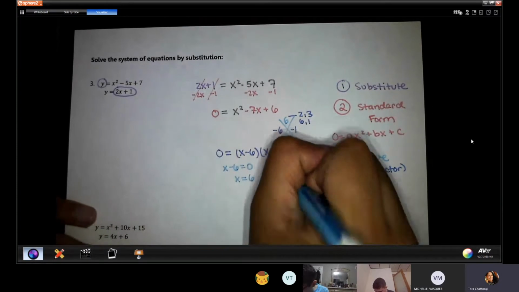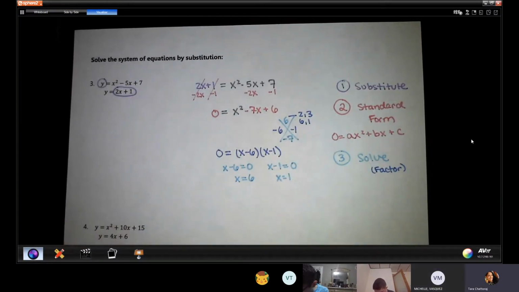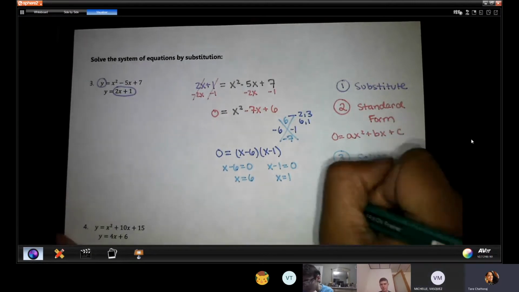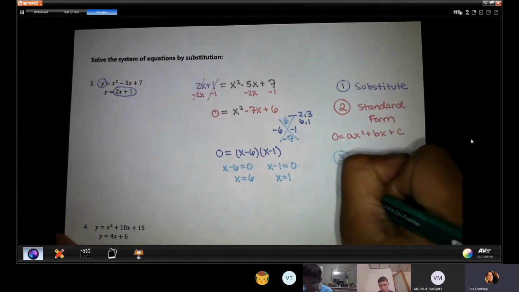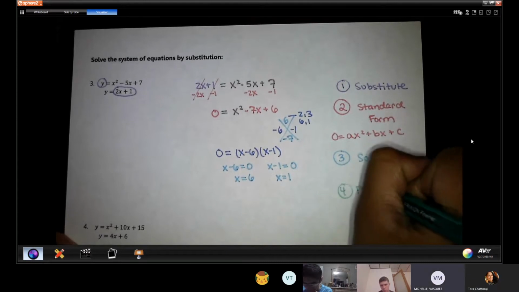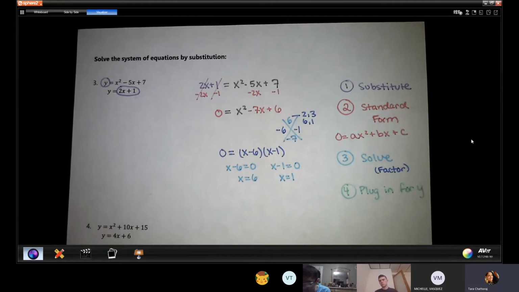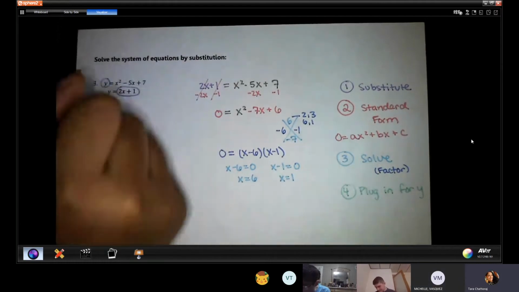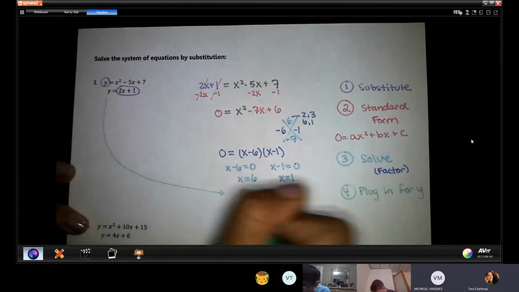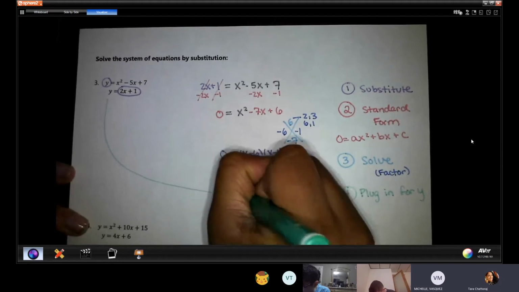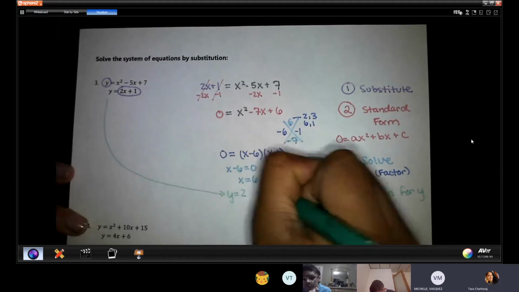Very good. All right. And predictably, we're going to do the same thing that we did before, where we plug in for y, right? And so when we plug it in, again, I want to take this easier equation, which is this guy. So y equals 2 something. 1.